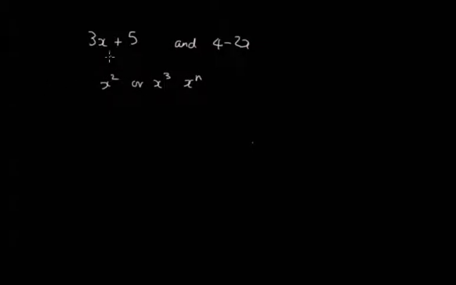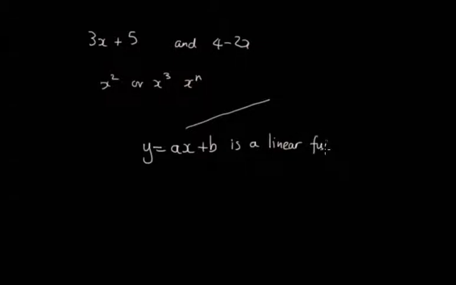If you plot a linear function, you're going to get a straight line. If you have anything with a higher power, either squared or cubed or whatever, it won't be a straight line. Therefore, anything of the form y equals ax plus b is a linear function.